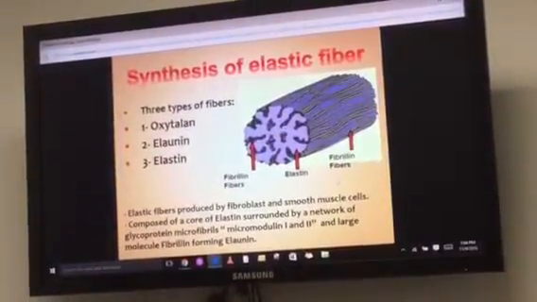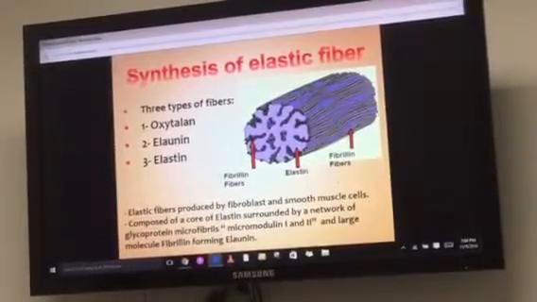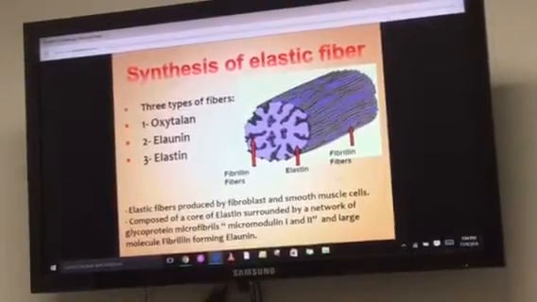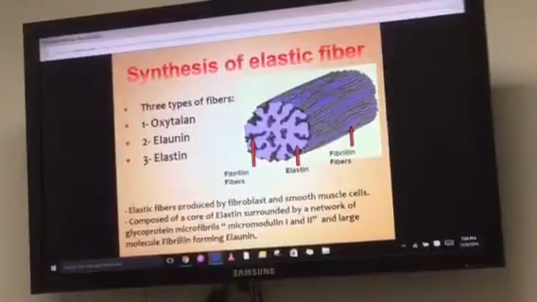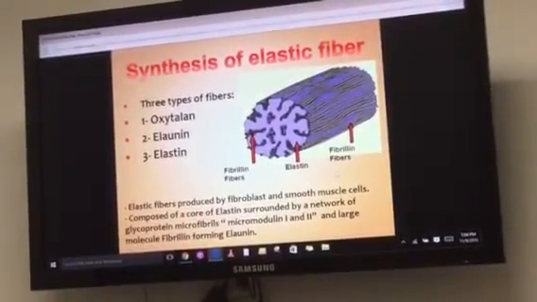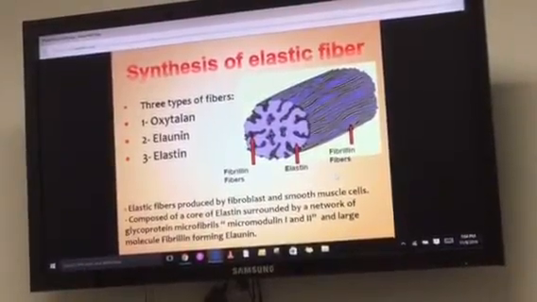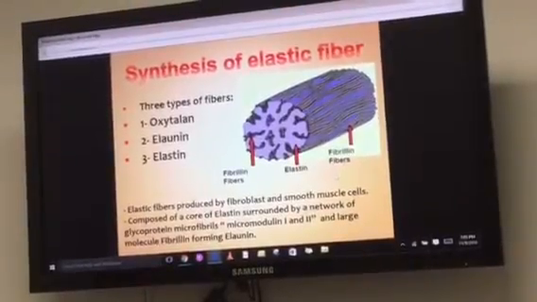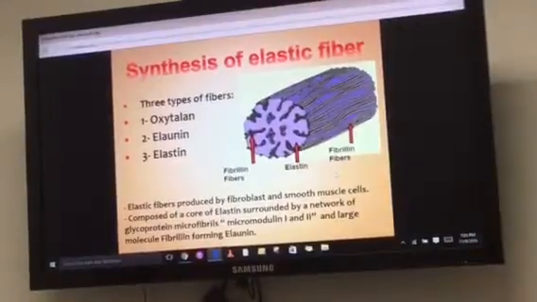Okay, now we're going to get into elastic fiber. There are three types of fibers: oxytalan, eleaunin, and elastin.